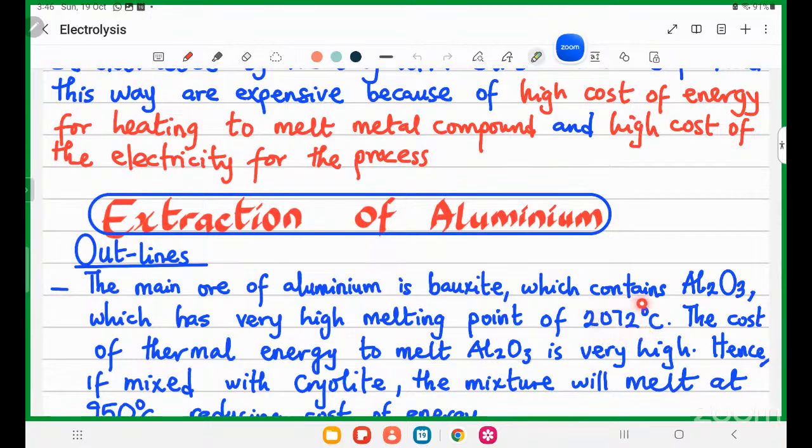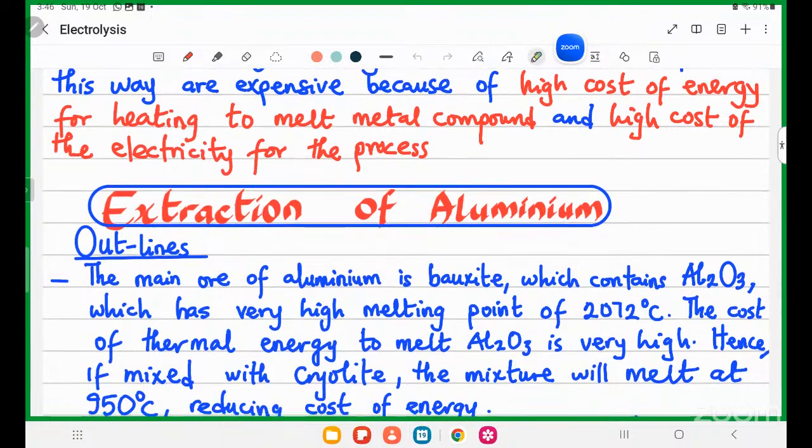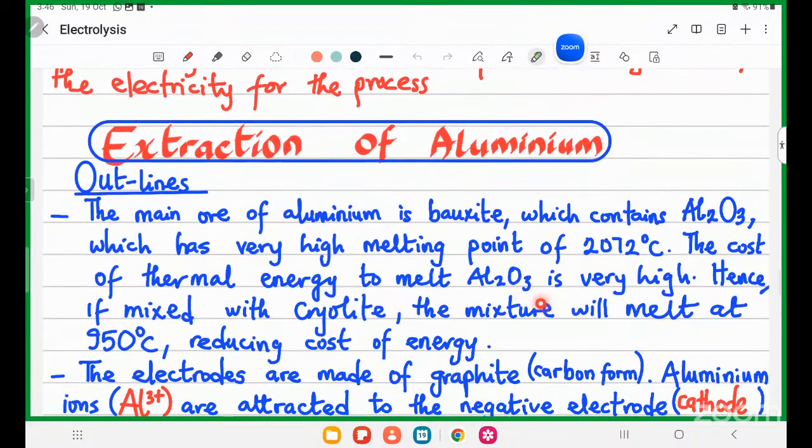Which means you have to heat the ore to this temperature and above for it to melt. So the cost of the thermal energy to melt aluminum oxide is very high and very expensive. Hence, instead of heating the aluminum oxide directly, you mix it with cryolite.